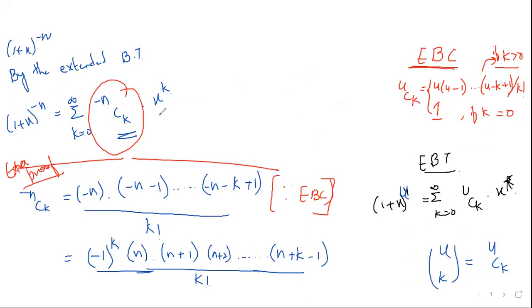So minus NCK is written as the sum for k equal to 0 to infinity of minus 1 power k C of n plus k minus 1 comma k into x power k. Now, instead of x, if I take minus x, you will get the other example that I have given you in the previous class.